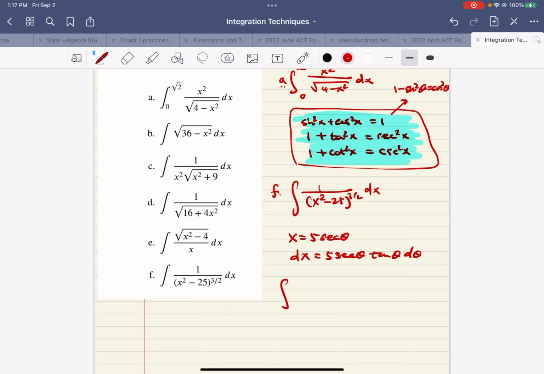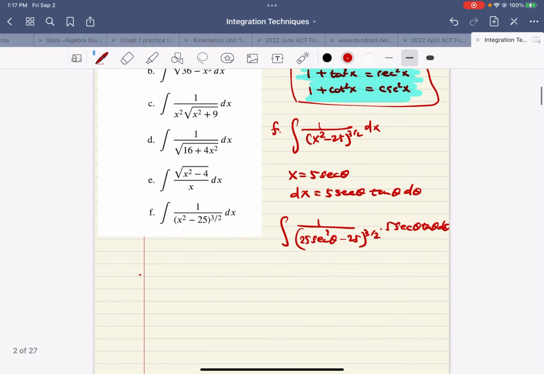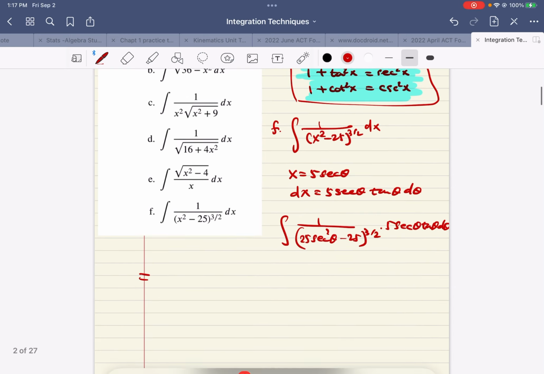So it will be 1 over x squared, which is 25 secant squared theta minus 25, to the 3 halves, and instead of dx, 5 secant theta tangent theta d theta. So this one inside is 25 times secant squared theta minus 1, and secant squared theta minus 1 is tangent squared theta, so 25 tangent squared theta.